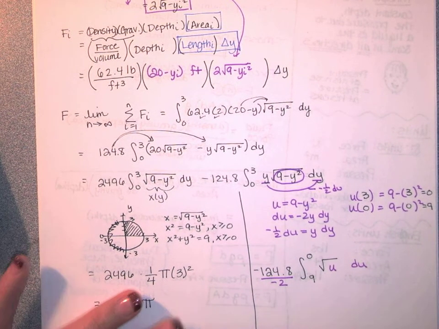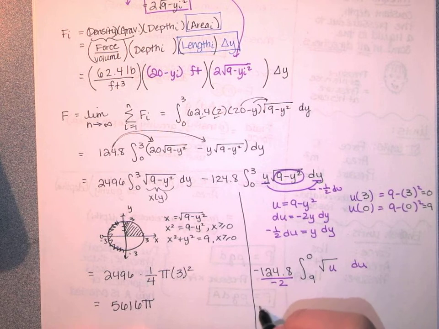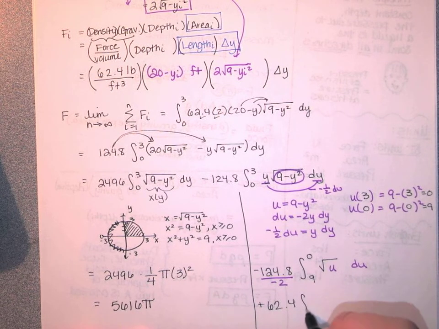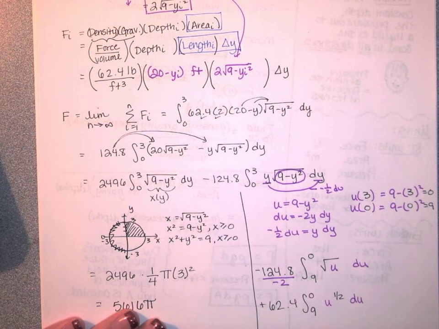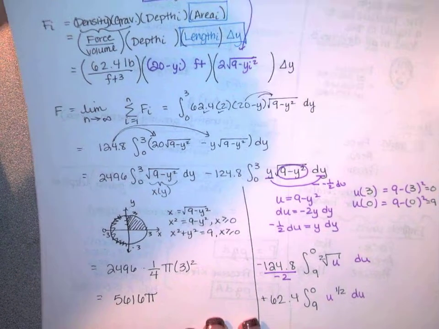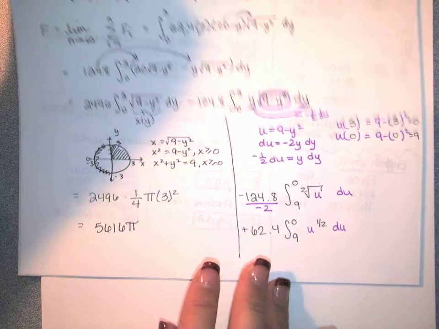So we end up out front with a 62.4 again. This is the integral from 9 to 0 of u to the 1/2 du. We need to rewrite it that way. That's u to the 1/2, so that we can use our power rule for antiderivatives.